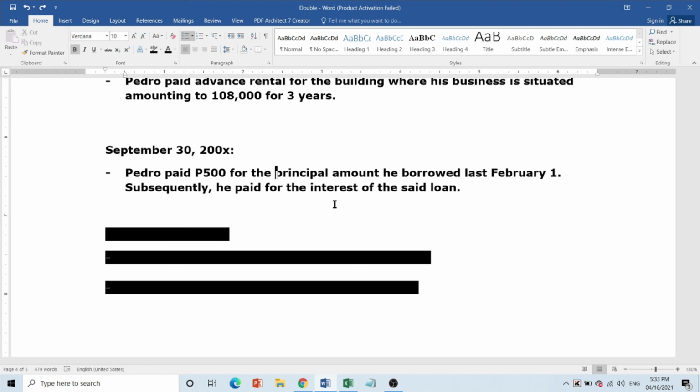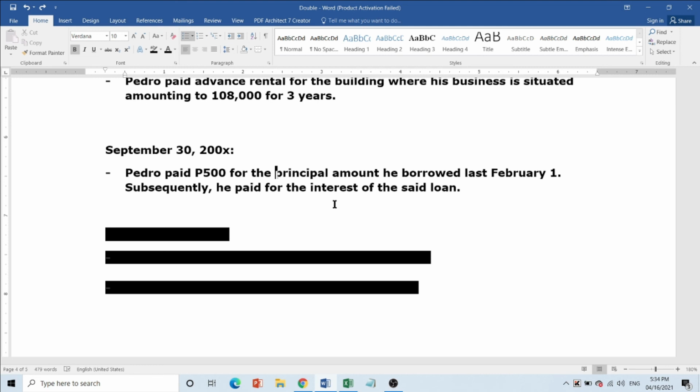So whatever kung ano man po ang resulta ng operation ng company, whether it is income or loss, pumapasok po yun doon sa equity. So whatever increase in sales or income, that is an increase in equity. Whatever decrease in expenses increases the equity.